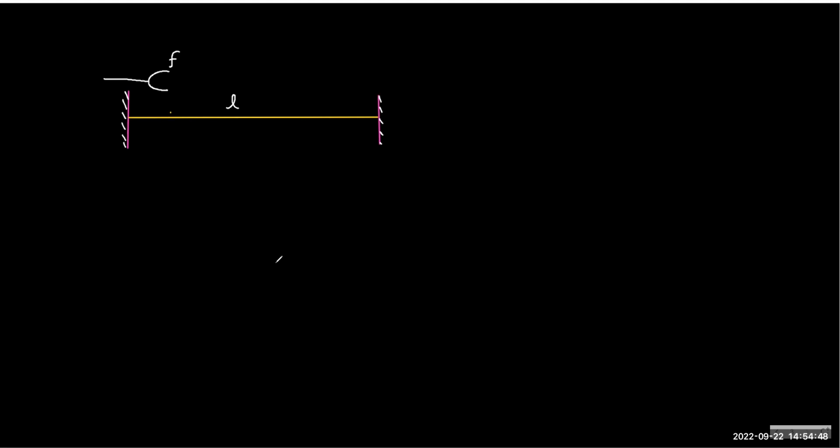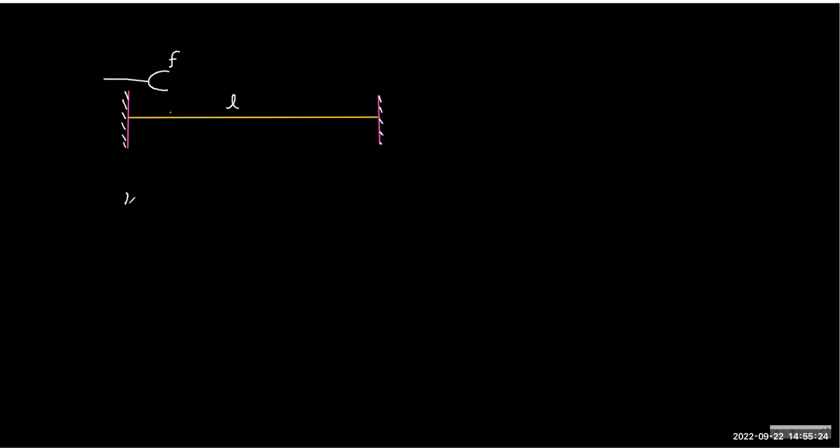Because the source which sets the system into oscillation is the tuning fork, in a resonating condition the string will start vibrating with the same frequency as that of the tuning fork. That's the whole rule.